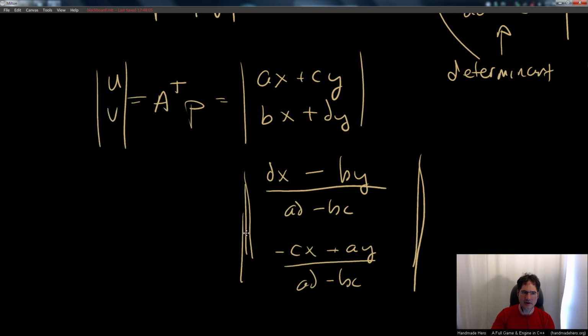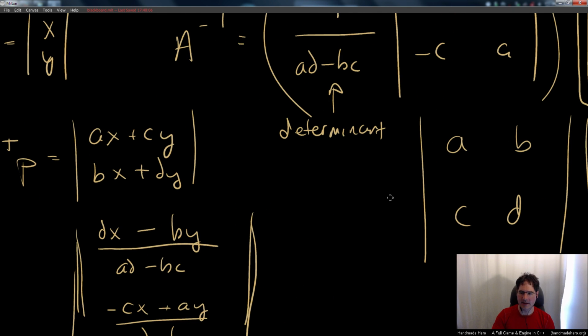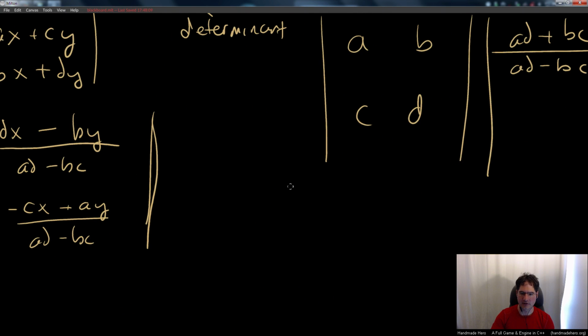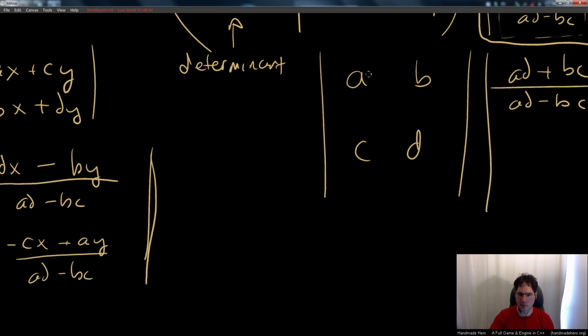And if we look at what these are, we know what the A, B, C, and D are, because our matrix was set up such that this was our UX, the U vector, or the x-axis. Let's call it UX for now. And this was our UY, this was our VX, and this was our VY.